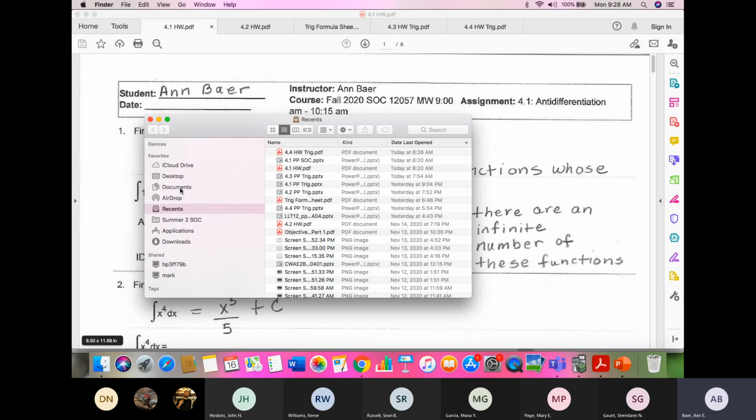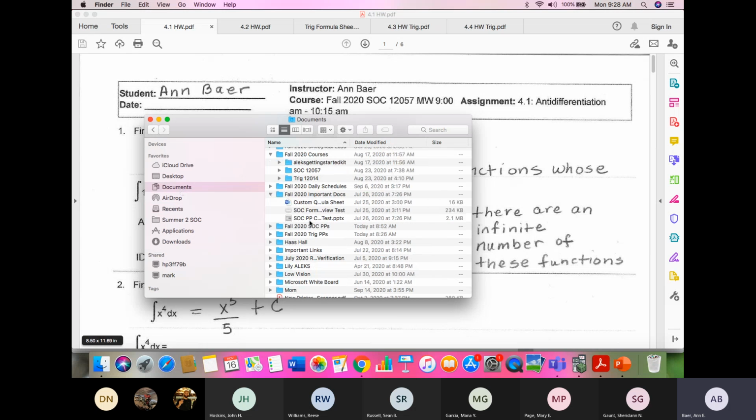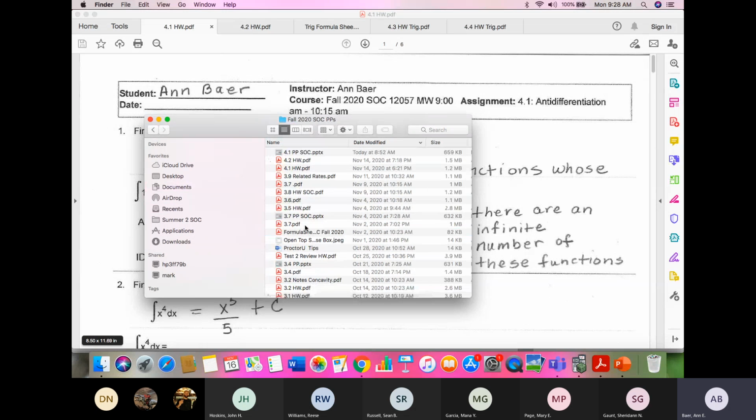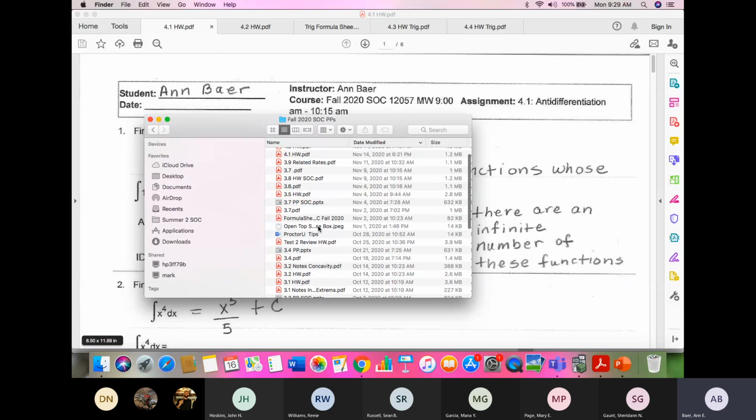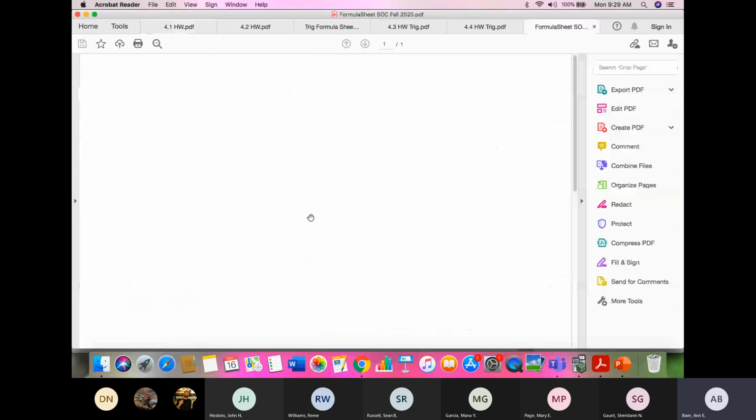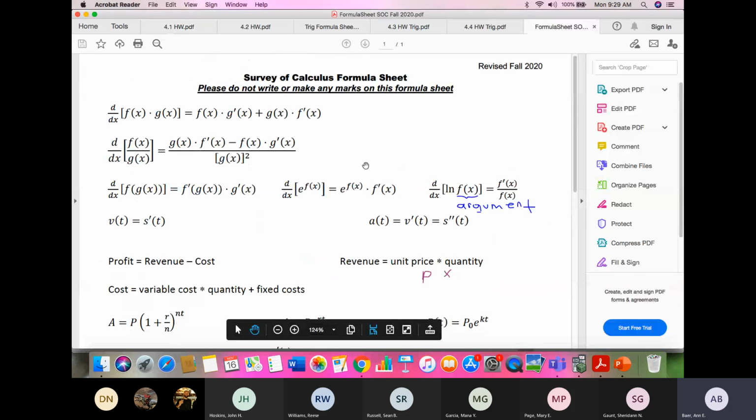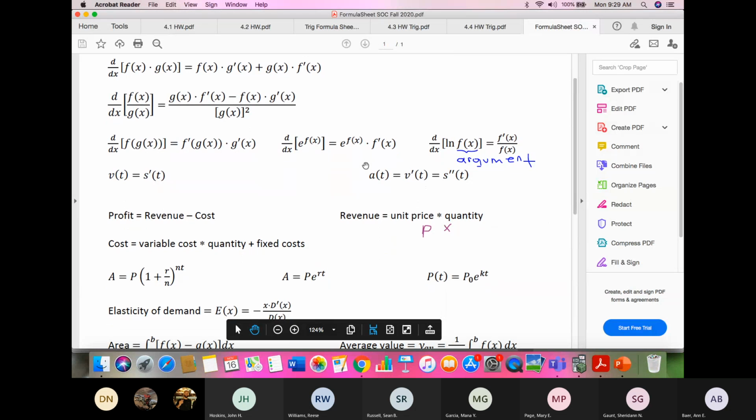I need to look at these documents here, and let's look at survey of calculus. So we've got this ln of f of x equals that.